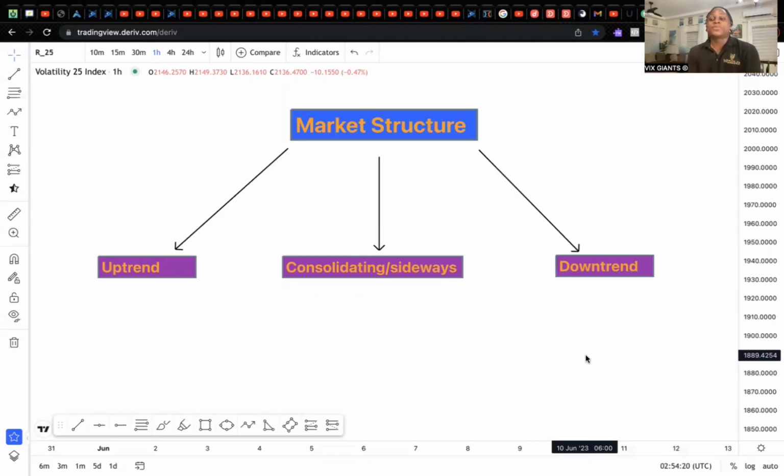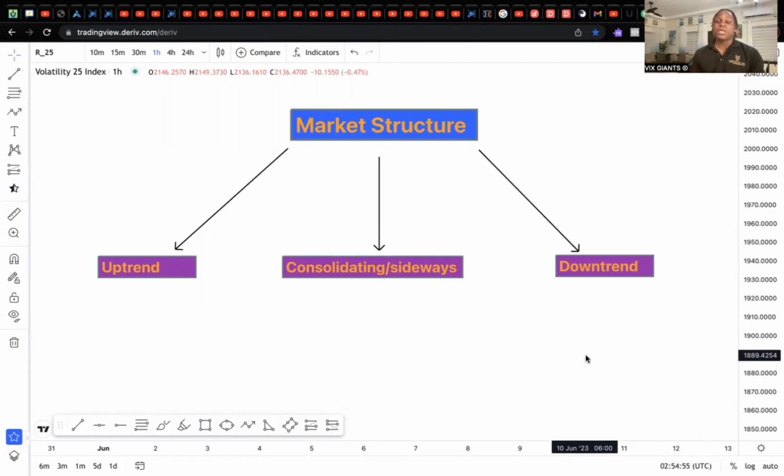So in this video, guys, as you see on my screen, I want to go over market structure with you. It's a very important aspect of trading when it comes to technical analysis. In order to have a good understanding of the market, you have to understand the market structure and how the market moves.